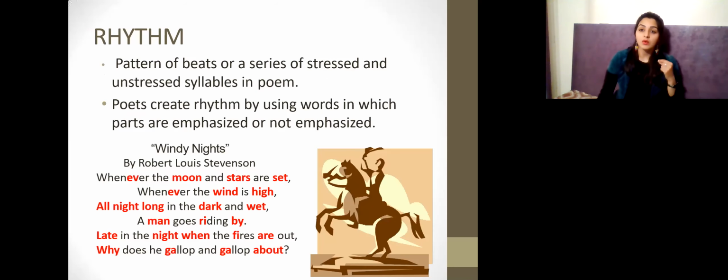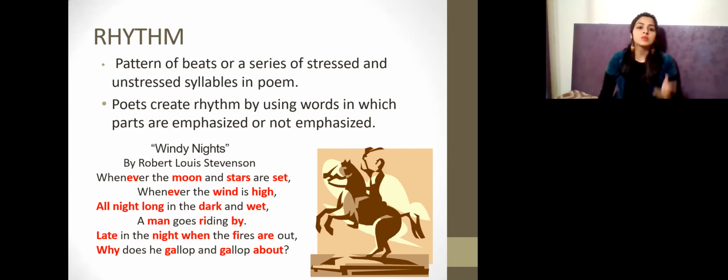Let's see what is rhythm. Rhythm is a pattern of beats or a series of stressed and unstressed syllables in a poem. Poets create rhythm by using words in which parts are emphasized or not emphasized. Now, what do you mean by rhythm? It's a type of music put to it, where some words are more emphasized and some are on a lighter note, only to show that something is much more important.